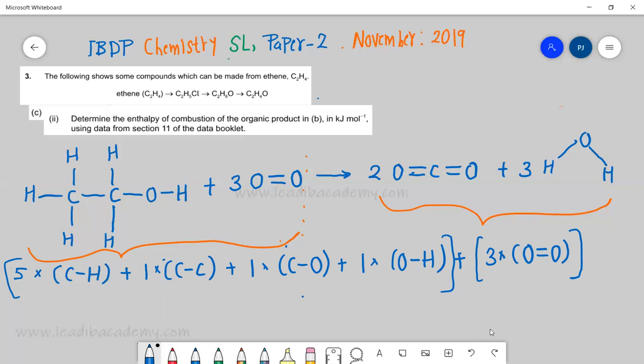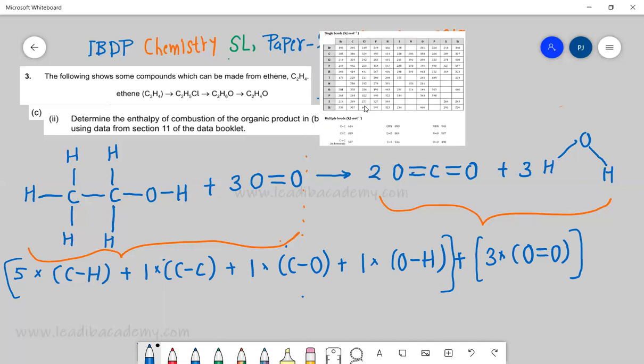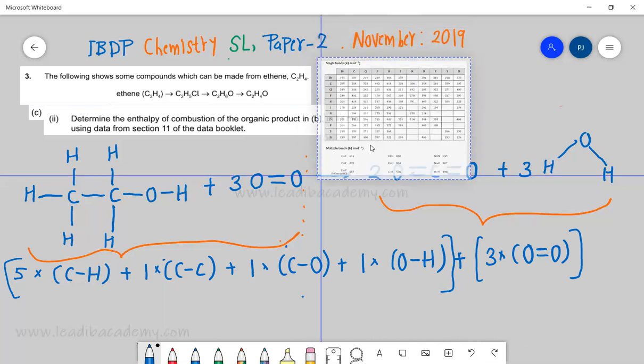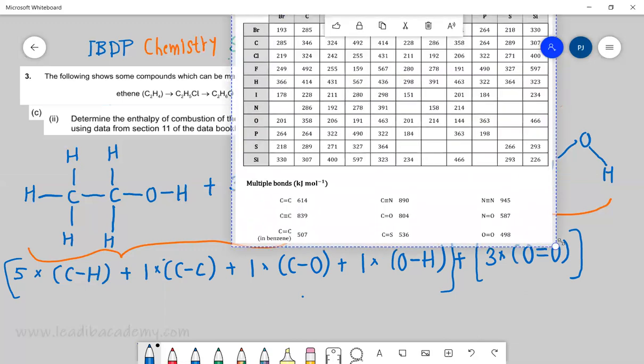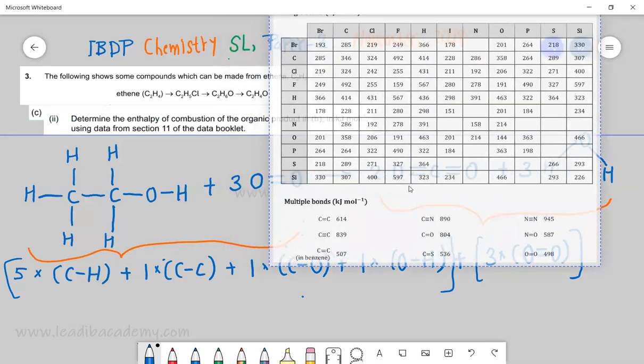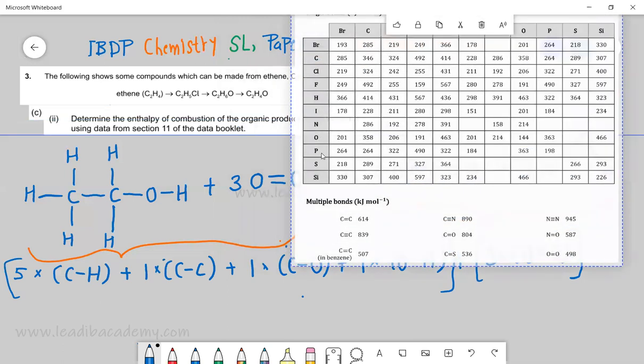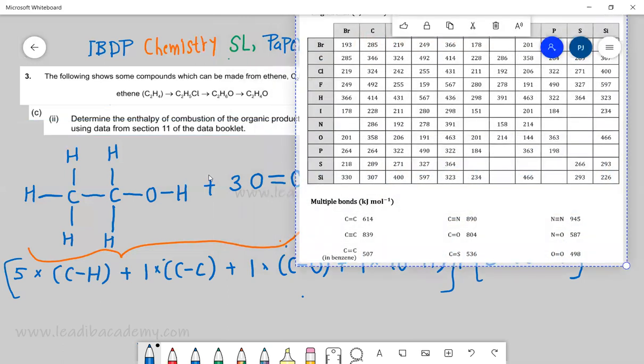So now what we will do, we will pick up this from the data table. I'm just seeing whether it can be zoomed out, and then we'll start writing.